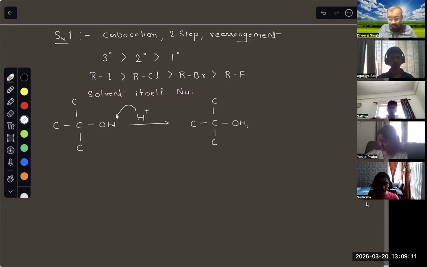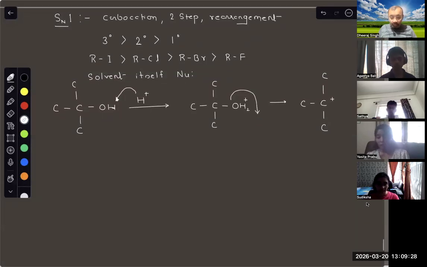So this is OH2 plus, and now this OH2 is a good leaving group, and hence the carbocation gets created like that. Okay, so this is the SN1 reaction. So you know how it is, right?